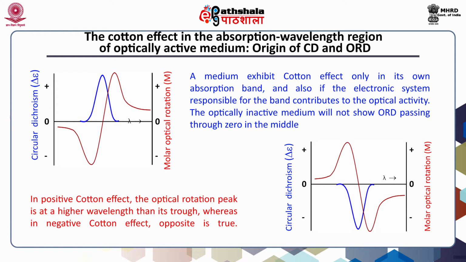The left side panel shows the positive Cotton effect, while the right side panel shows the negative Cotton effect. You can also see that the absorptive CD band is restricted to a very narrow zone of wavelength, while optical rotatory dispersion, or ORD, away from the absorption band is still going on.